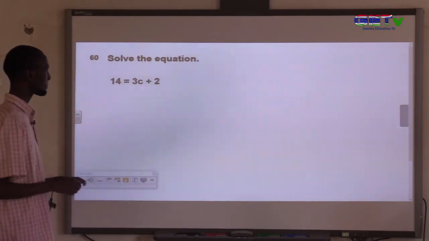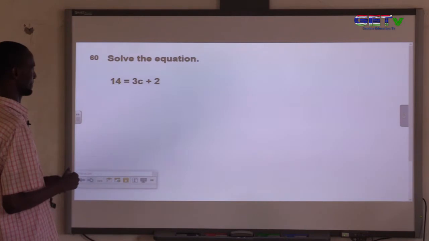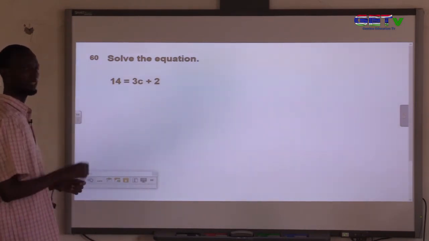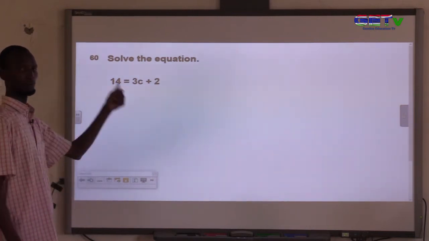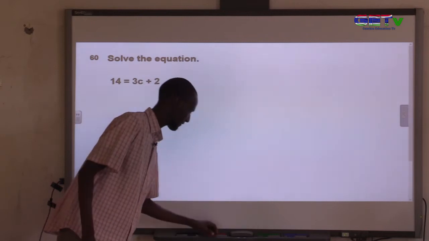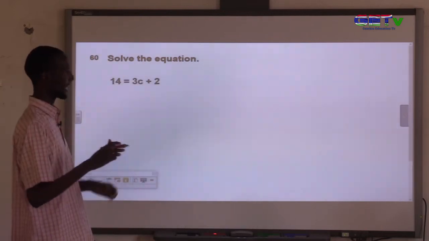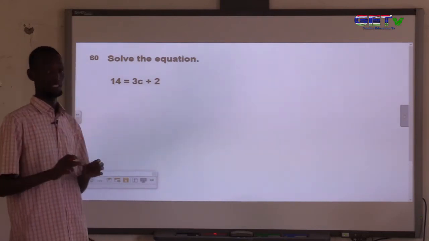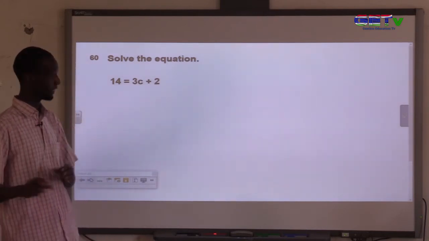Then we have another problem here. We have 14 is equal to 3c plus 2. We want to solve this. Remember, I said our focus should always be on the side where the variable is, because we are simply trying to isolate that variable.